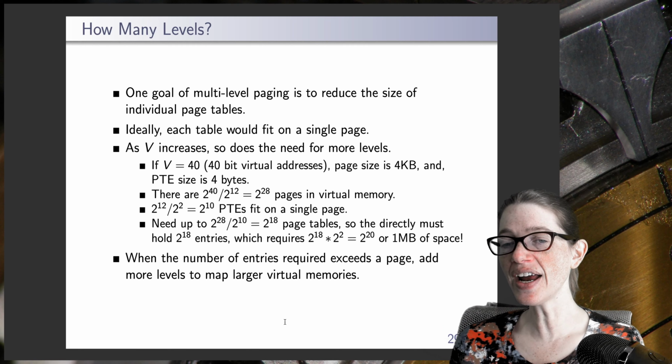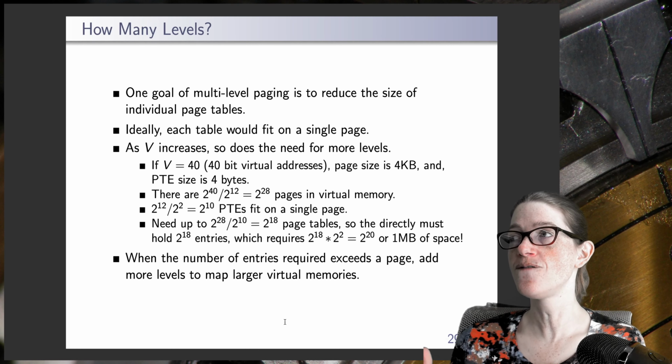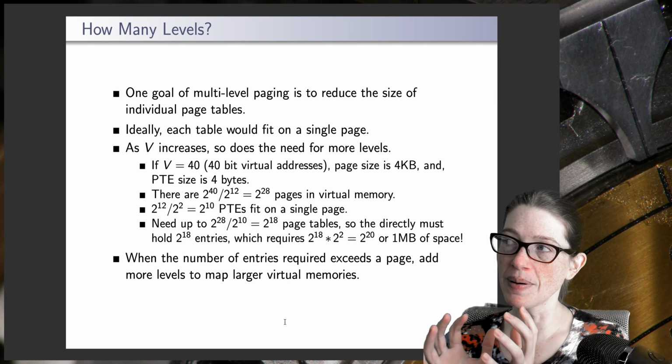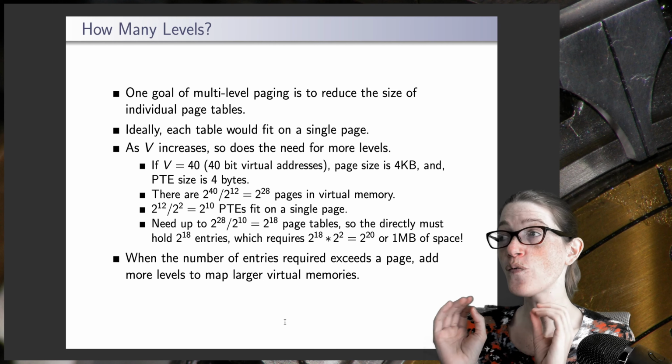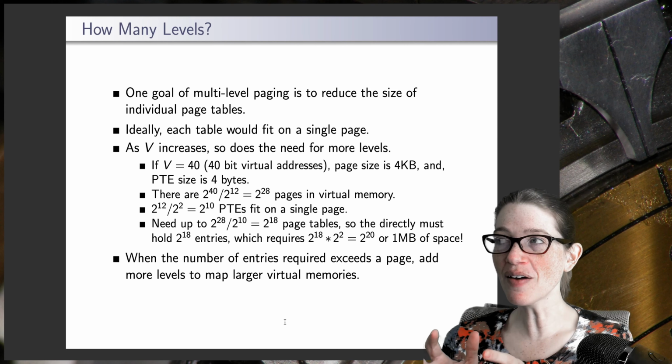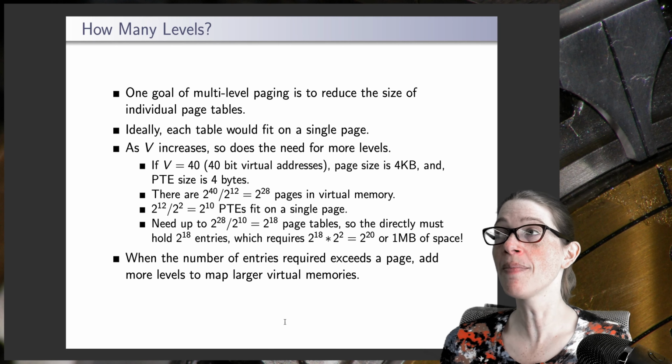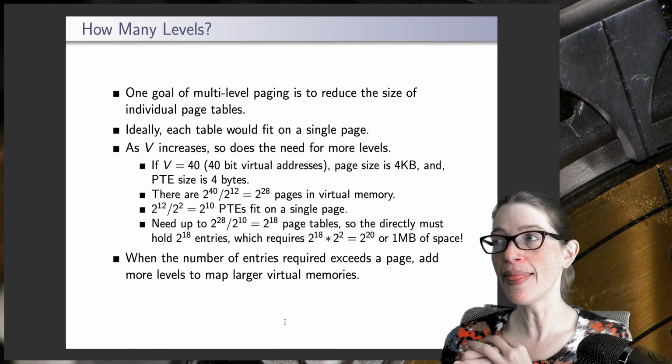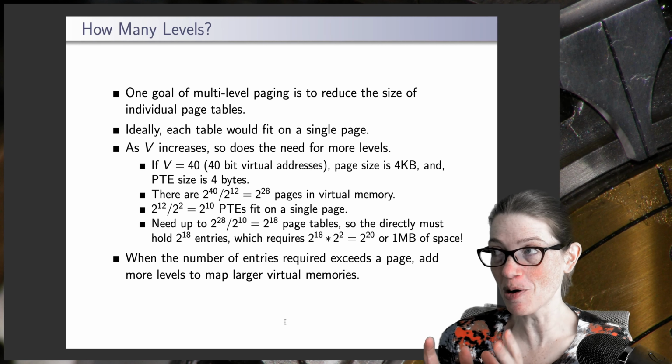So we want to make sure that each subpage table fits on a single page. For our example in the notes, single level paging is enough because our page table has only 16 entries, and that fits on a 4 kilobyte page, no problem.